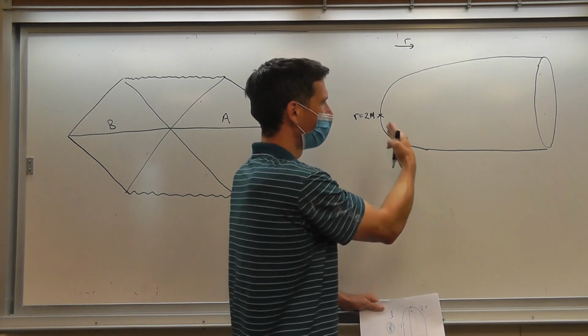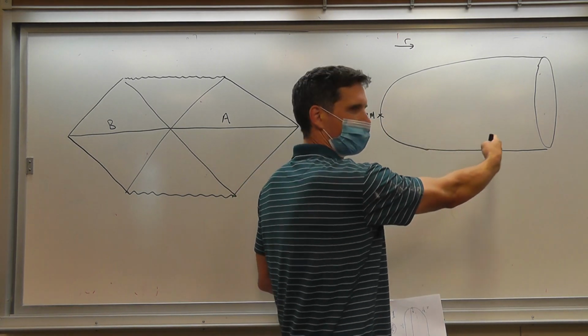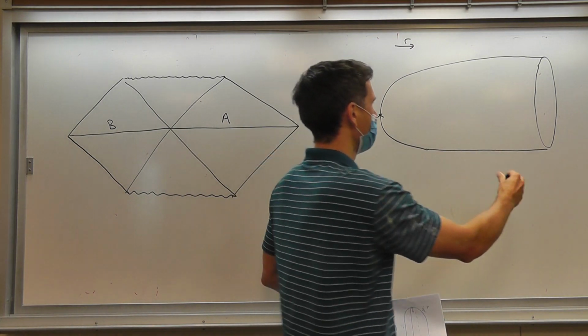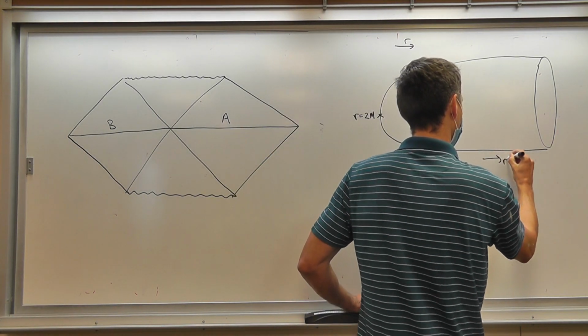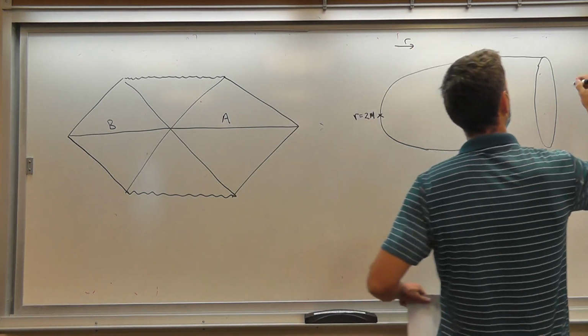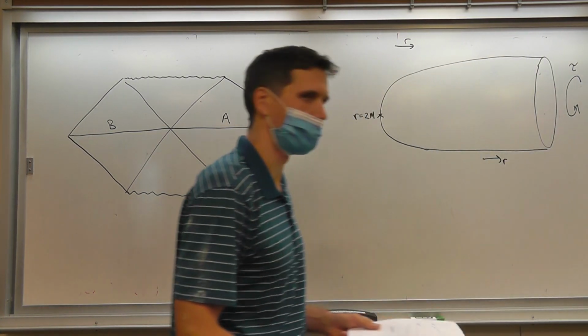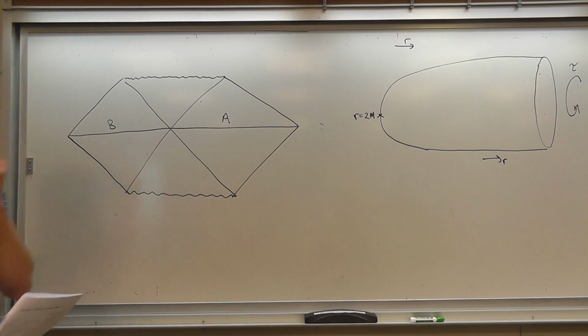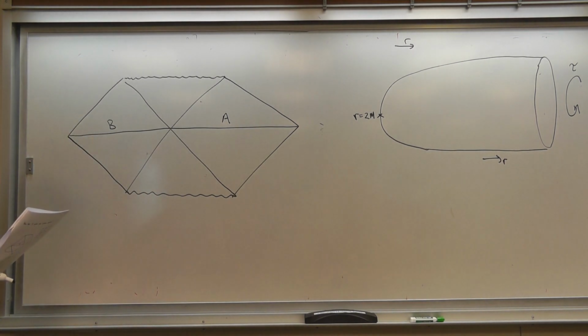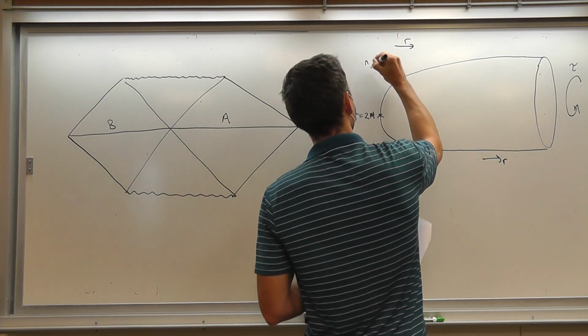As you go out, you're getting further away from the black hole, and r is just becoming the cylinder coordinate, and tau is the coordinate that goes around. So this is called a cigar.